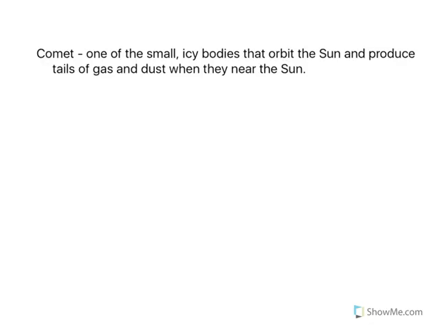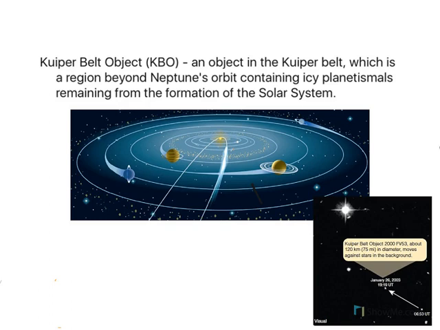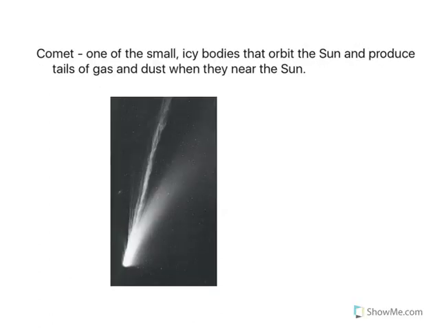A comet is one of the small icy bodies that orbit the sun. It produces tails of gas and dust when it nears the sun. So when an icy body planetesimal lives out in the Kuiper Belt, it is this small, icy, dark object. But if it gets agitated and pushed into the inner solar system, it comes in and then it starts to develop these tails as it swings around on its orbit into and around the sun and then back out into the Kuiper Belt.